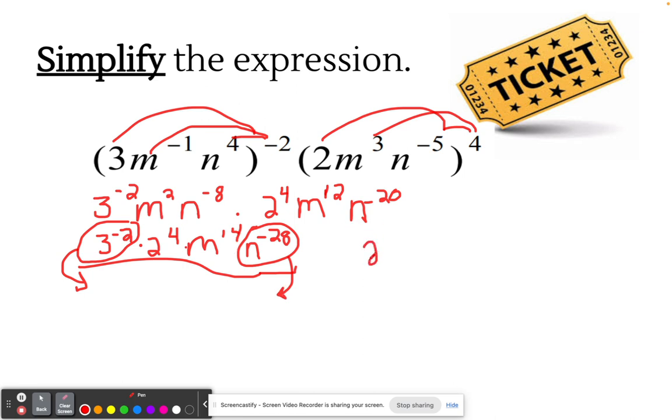I have 2 to the 4th power, m to the 14th power. Then downstairs I have 3 to the 2nd power and n to the 28th power.